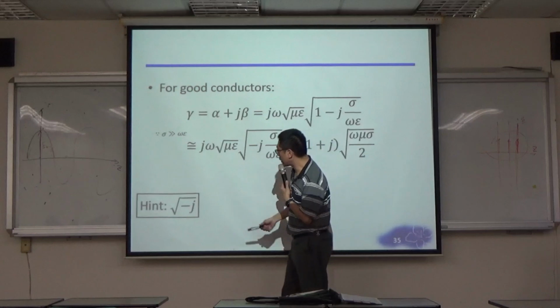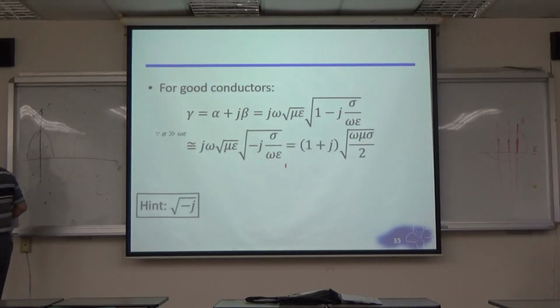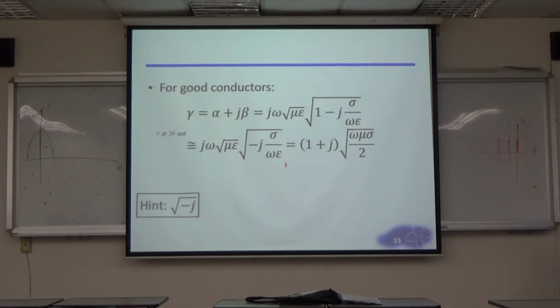One more hint to understand this one: if you really want to solve this, the square root of minus j equals minus j taken to the power of 1 over 2. And minus j, you need to transfer to exponential form, e to the j. Minus j is 90 degrees, which is minus pi over 2.